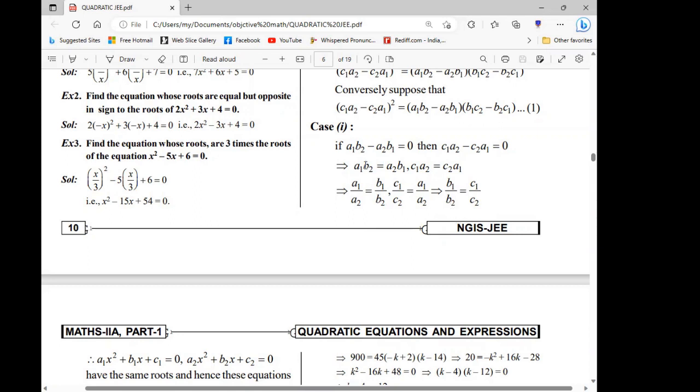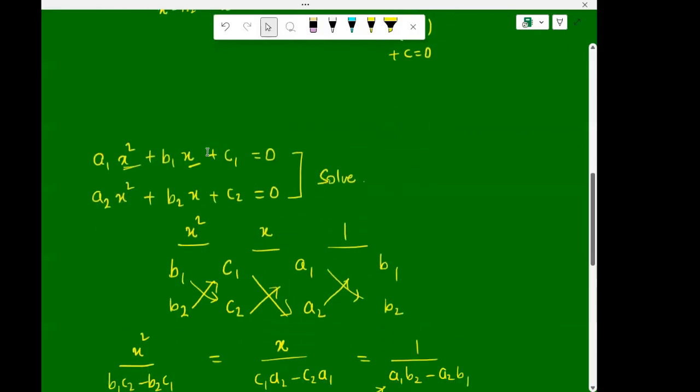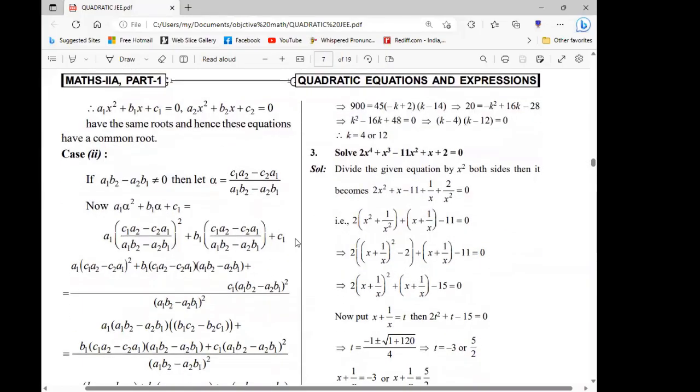That means the two quadratic equations must be in proportion, and the coefficients of the quadratic equations are in proportion. That is the thing we can learn from this result.